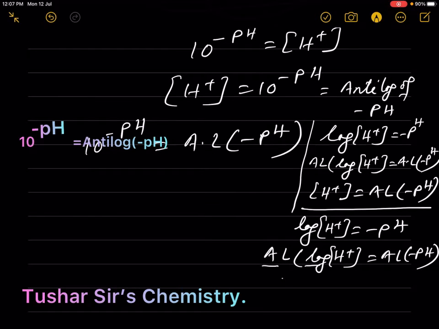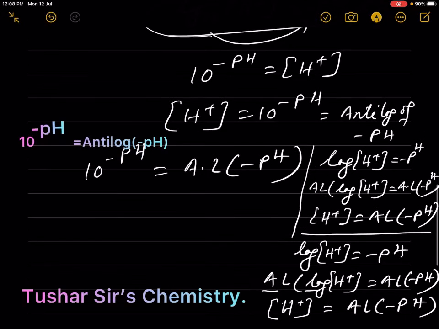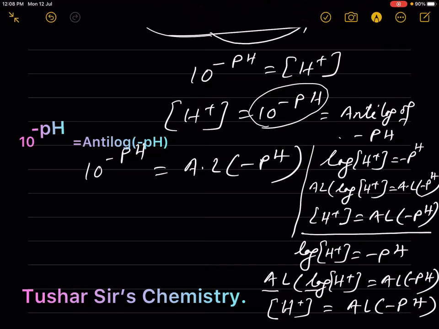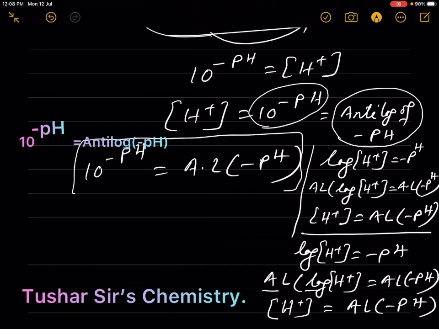Anti-log and log cancel, so on the left hand side you will get H plus ion concentration is equal to anti-log of minus pH. So here I have written 10 to the power minus pH is anti-log of minus pH. This is important.